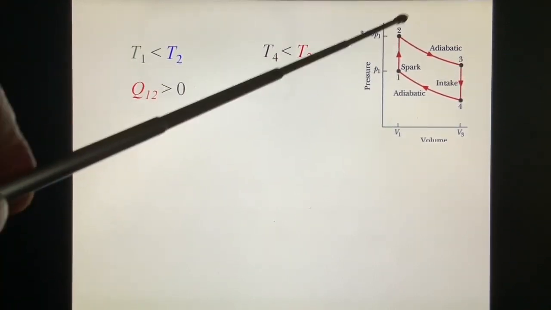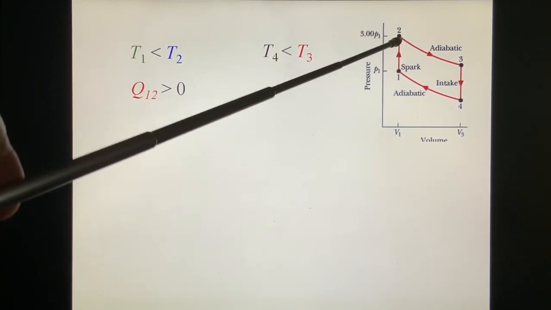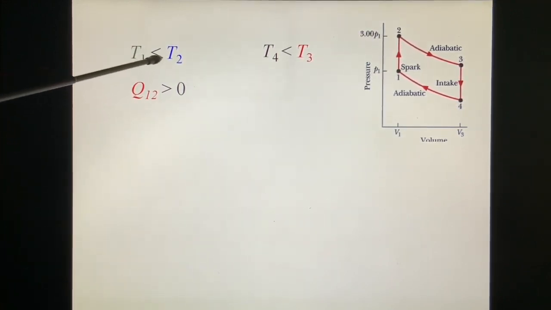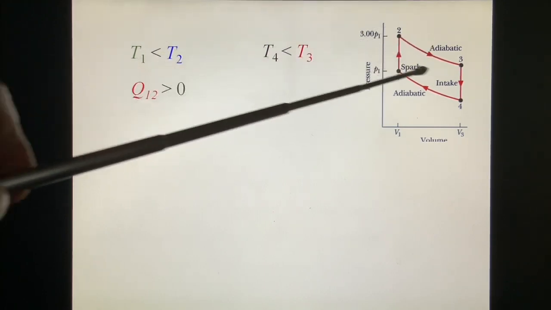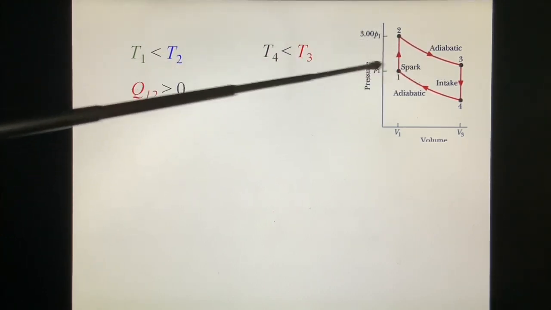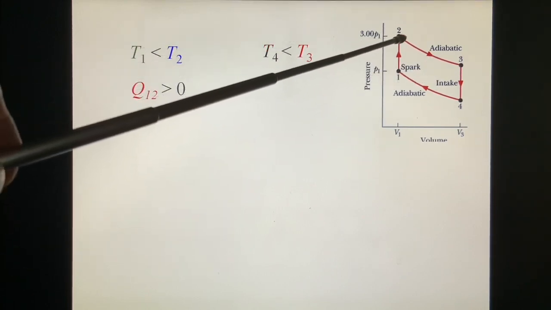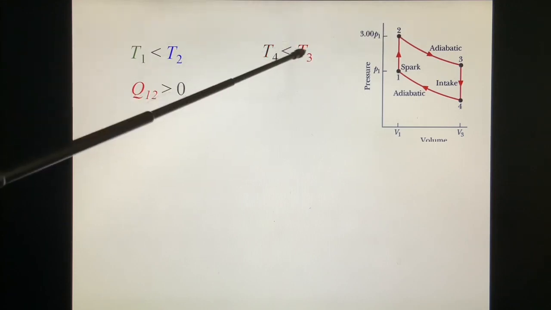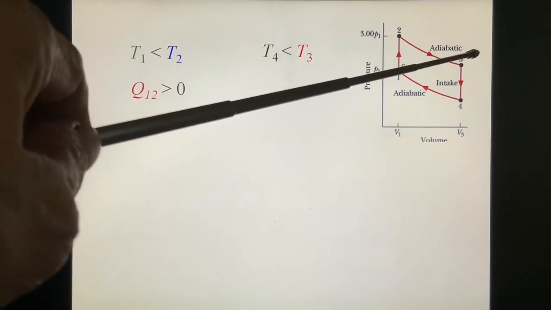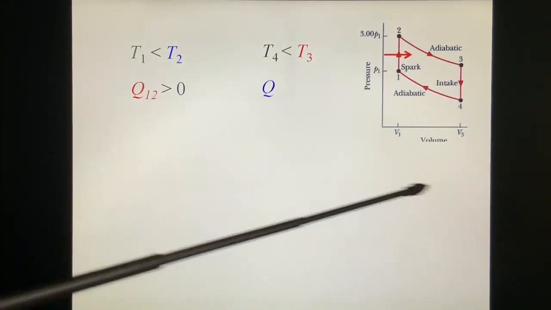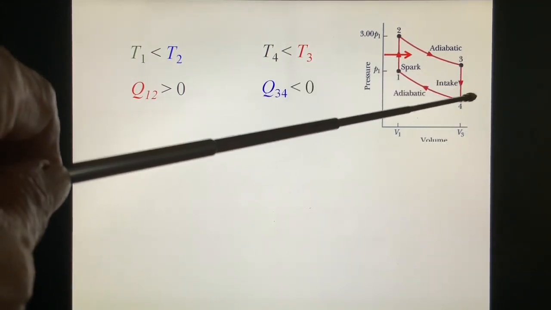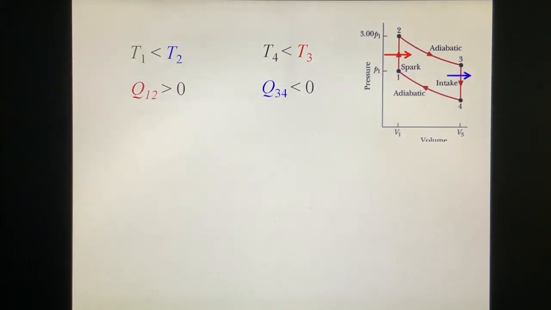Now the heat in this process: the temperature is going up, so heat gets into the system. So Q12 is larger than 0 because the temperature increases. Here, T4 is less than T3, so you have energy going out. Q34 is smaller than 0. This is heat getting out. And these two processes are adiabatic, no heat exchange.